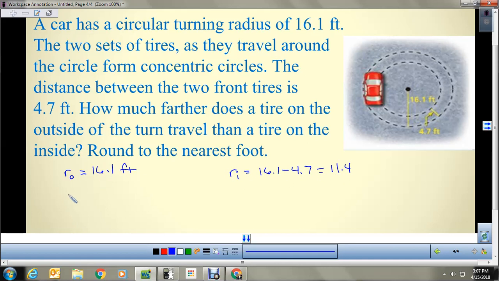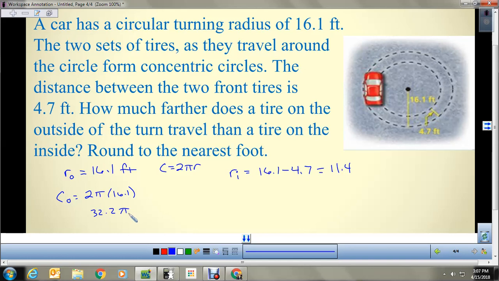So now we're going to do the circumference. The formula for the circumference is C equals 2 pi times the radius. So the circumference of the outside is going to be 2 times pi times 16.1. Calculate this by multiplying by 2, and we're going to get 32.2 pi. We're going to leave it like this for right now.